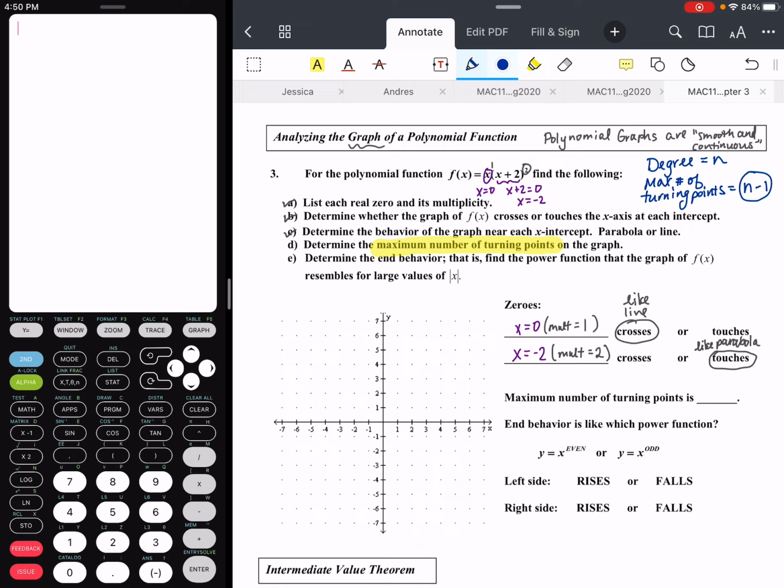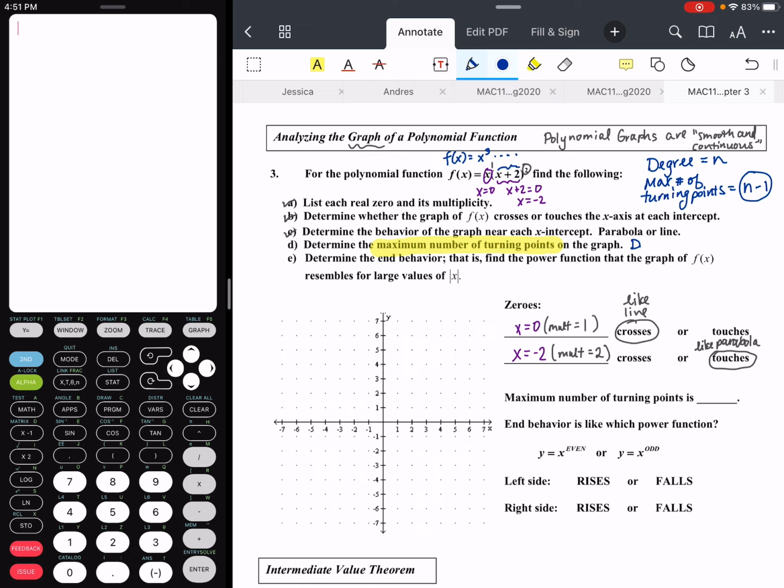So in our function, for our degree, imagine expanding this out. We'd FOIL this out, (x plus 2) squared would give us x squared and so on. Then we multiply it by that x out in front. So we would have f of x equals x cubed, and then more terms. We don't care about the other terms. So the degree, in our case, is 3.